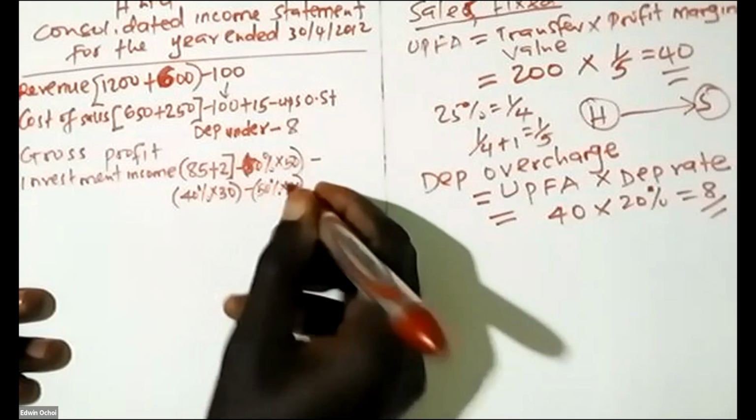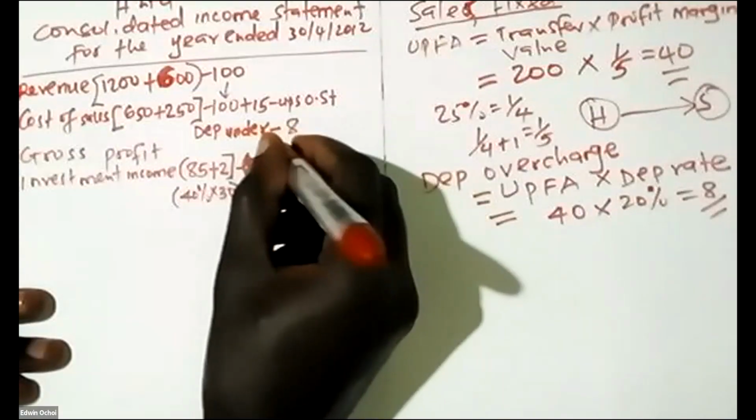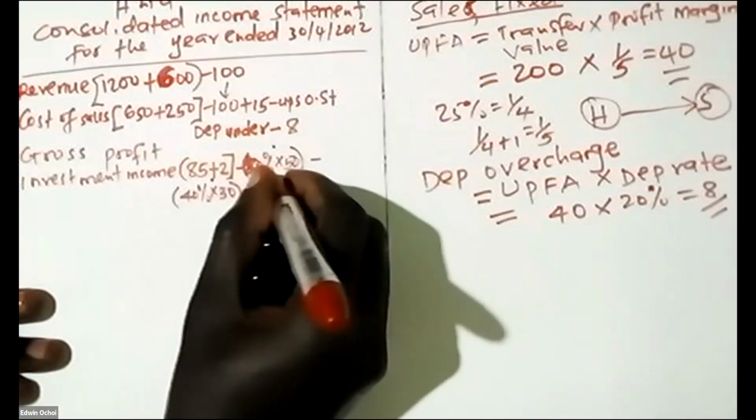So these are the dividends which were paid by the joint venture to the parent. So the parent had already recognized it as income. So we subtract. So those are the dividends.